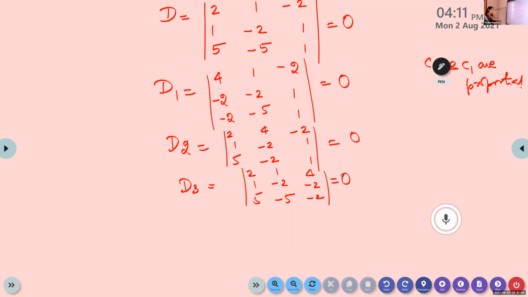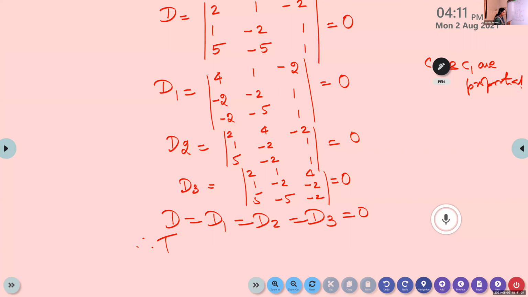Okay, now listen, children. Here we get D1 is 0, D2, D3, everything is 0. If all the determinants are 0, then D is equal to D1 is equal to D2 is equal to D3 is 0.